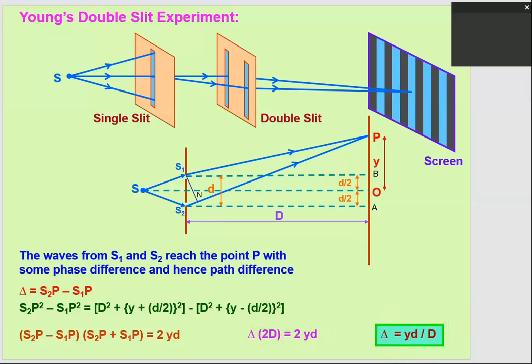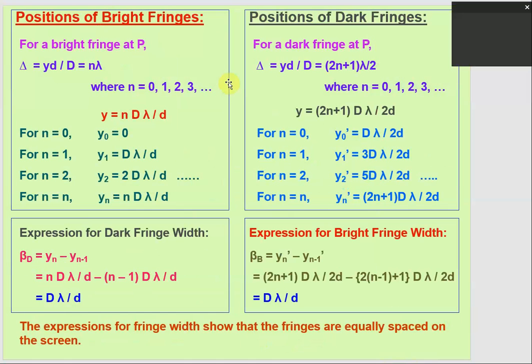Now we apply the conditions for constructive and destructive interference so that point P is a bright fringe, or point P is a location of a dark fringe. From there we can find out the distance of dark and bright fringes from the center of the screen. For that, we start with the condition for the bright fringe.